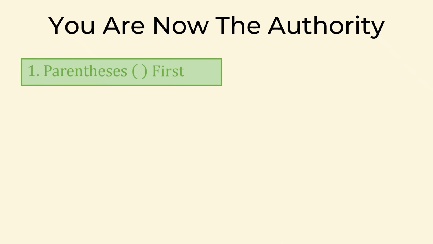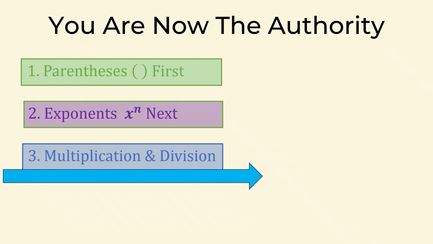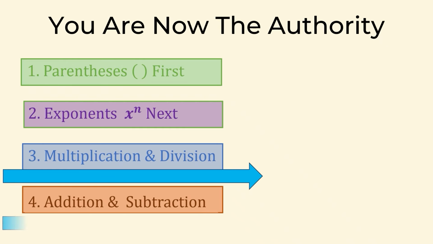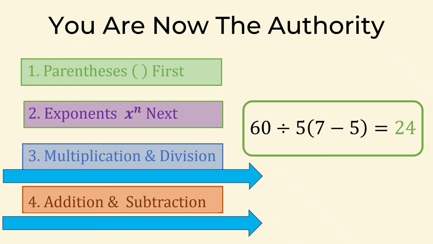You now have the absolute authority on this problem. Remember the sequence, parentheses and exponents first, then a complete left-to-right sweep for all multiplication and division, and finally a complete left-to-right sweep for all addition and subtraction. The correct answer to the viral math problem is definitively 24.